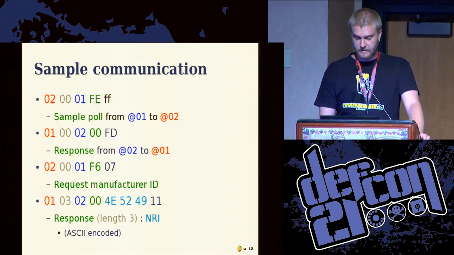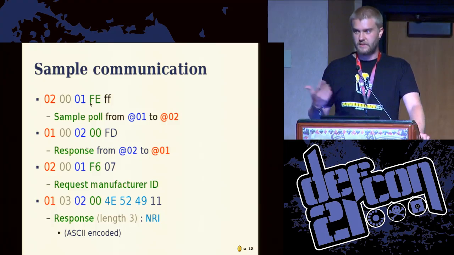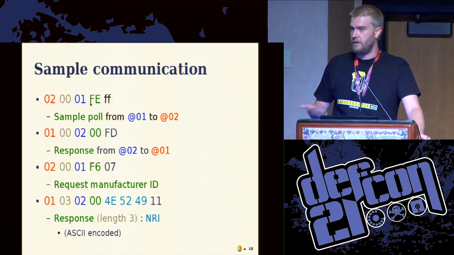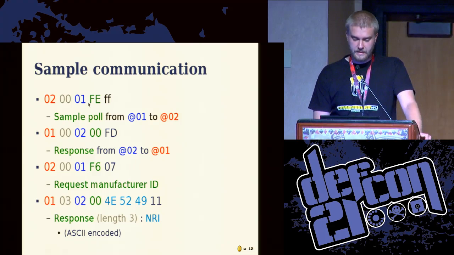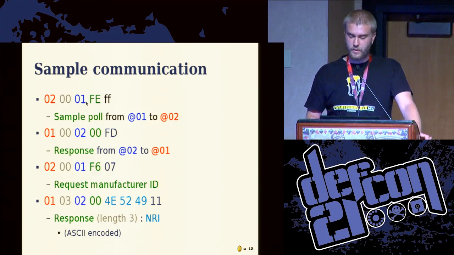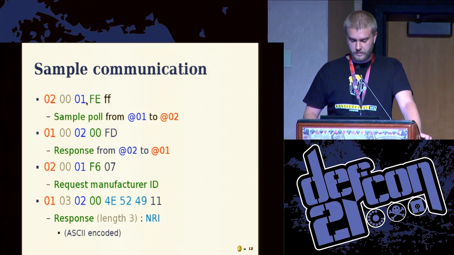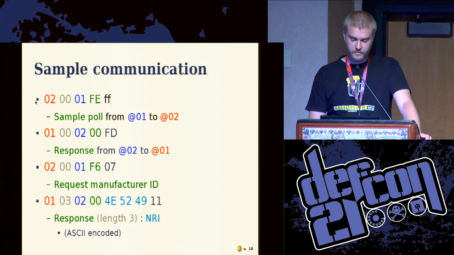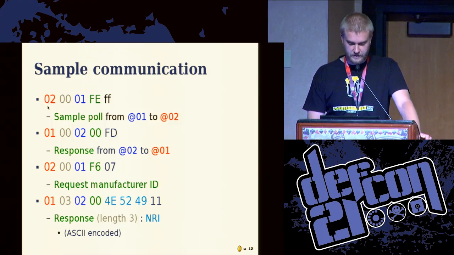For instance, you have here a sample command that is sent. You can see that it's a sample poll, kind of like a ping for a device on the bus, sent from address 1, normally the main board, to a device at address 2, normally a coin acceptor. If you send this, you will probably see a packet like this on the same bus, which is a response, 0, to what?